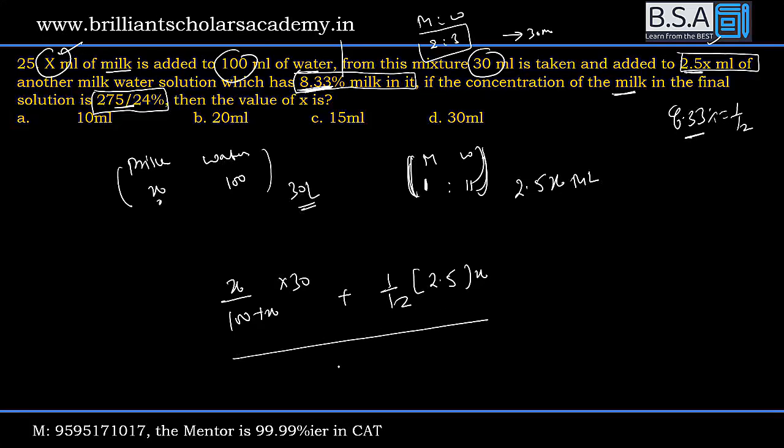Total milliliters we have is x plus 100. This will become 30, 30 milliliters of this and 2.5x into 100, is equal to 275 by 24%. This will give you the solution, the value of x. You're supposed to find the value of x out of all this calculation.